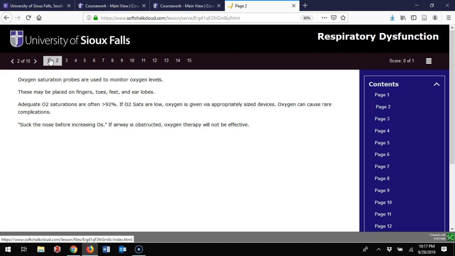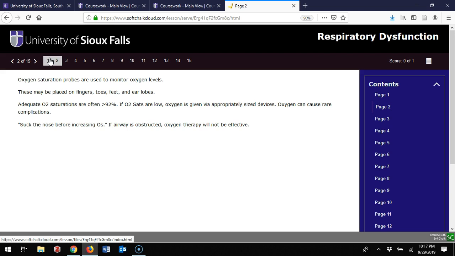And on some very, very sick children, we have even put it on penises to monitor oxygenation. In those situations where I've seen that, it was an extremely sick kid that was having septic shock and was not perfusing his extremities very well.